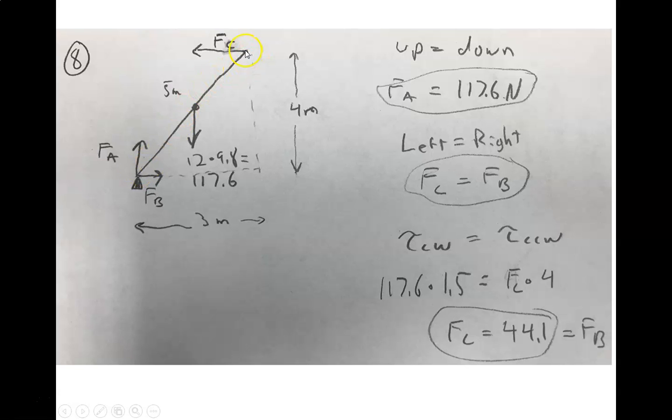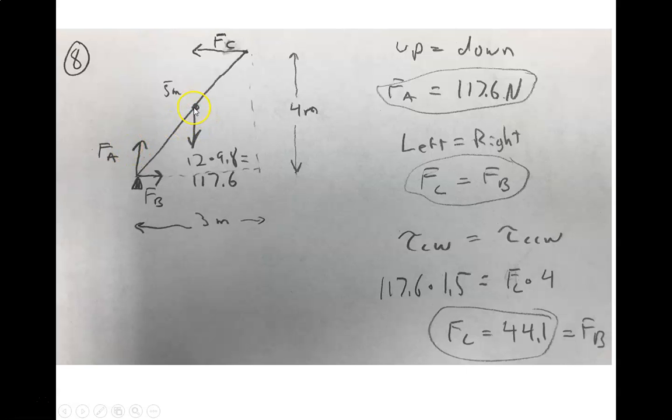I've got one unknown here, so that works out well because this will still be in my torque equation. These two will not be in my torque equation. I don't want them to complicate things. So I'm just going to have one torque here and one torque here. Torques clockwise equal torques counterclockwise.